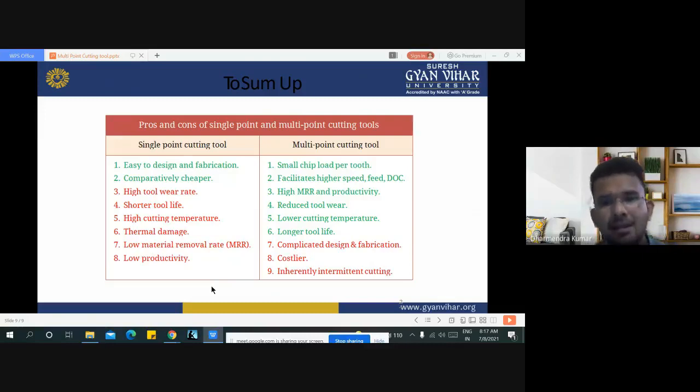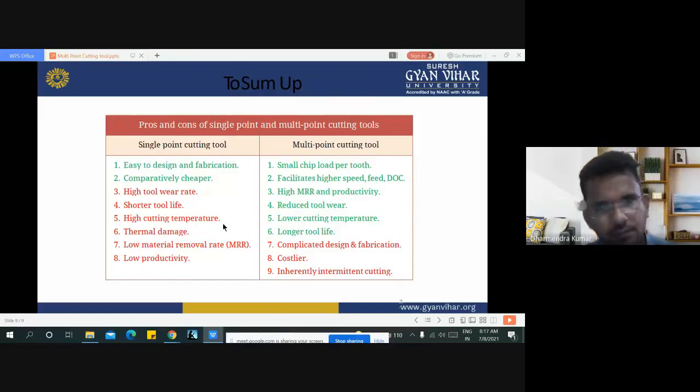The main reason for these differences is that the multi-point cutting tool has two or more cutting edges, but the single point has only one cutting edge. Here, shorter tool life and reduced tool wear mean the life of the multi-point cutting tool is longer compared to the single point cutting tool.